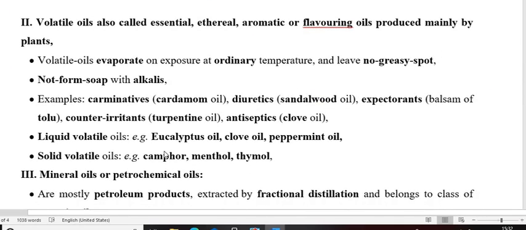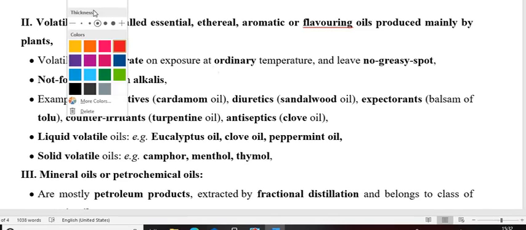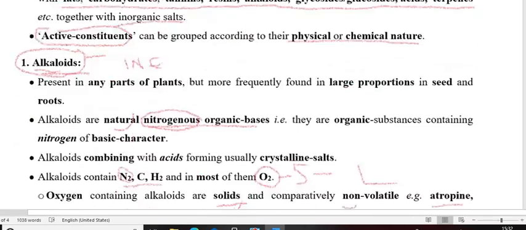Now we go through the other oil. We call it volatile, because these oils get volatilized or evaporate at ordinary room temperature.